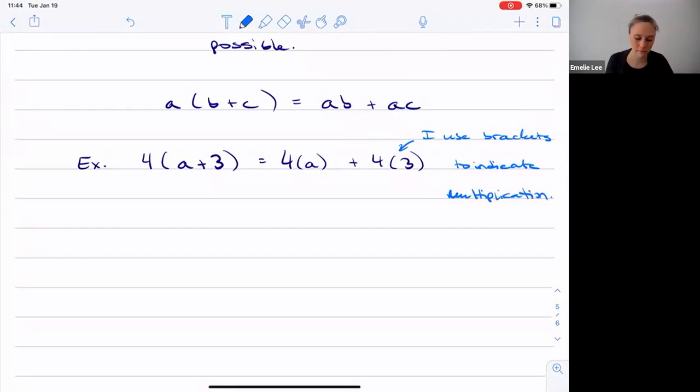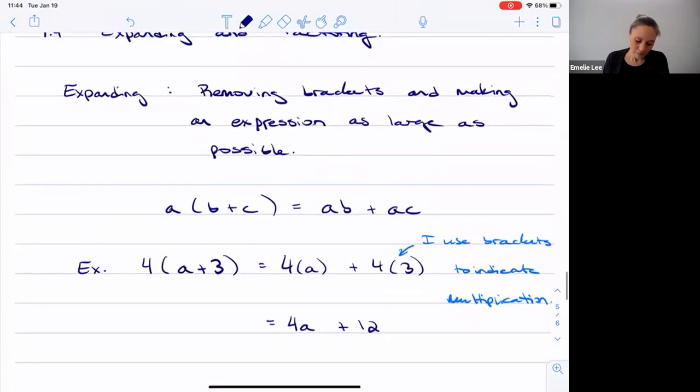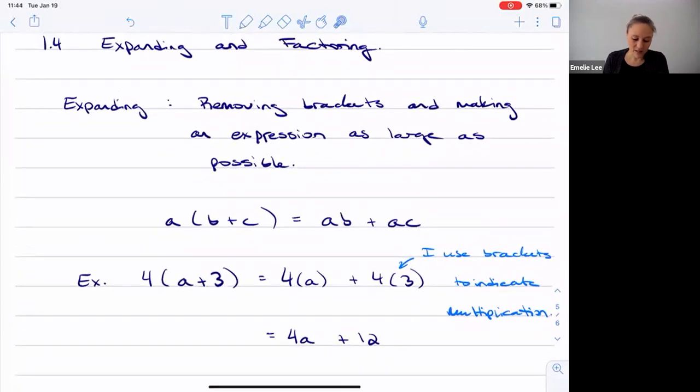So now I can get rid of those brackets: 4A plus 12. It's my experience that expanding is usually no problem. We're usually okay with expanding. It's the factoring that is a little bit tricky.